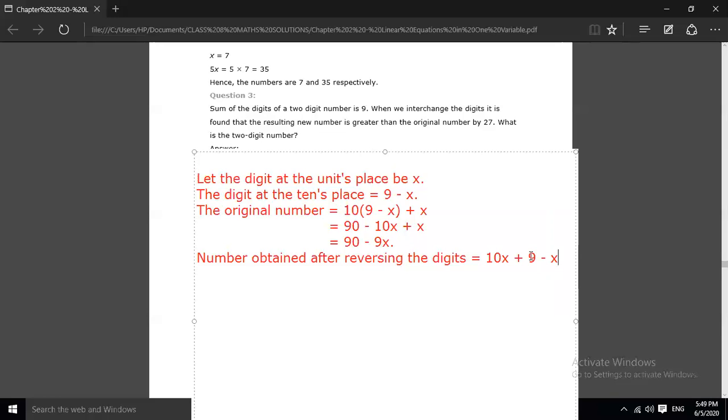This again becomes 10x minus x, which is 9x.